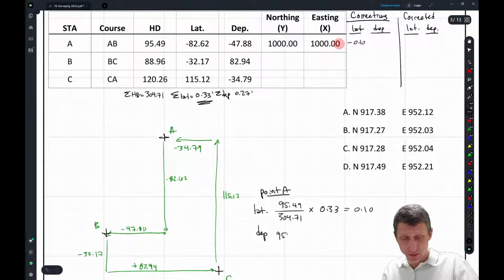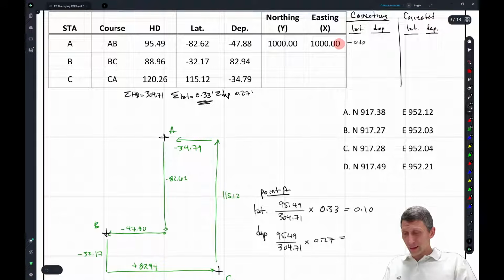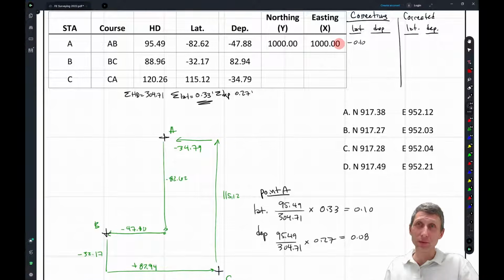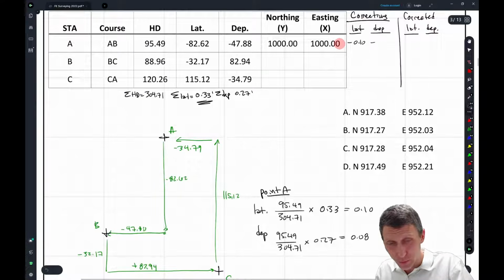Similarly, we're going to correct the departure: 95.49 over 304.71 times 0.27, and what do I get? I get 0.08. I'm just going to leave it at 0.08. Again, I'm going to subtract this off, minus 0.08.